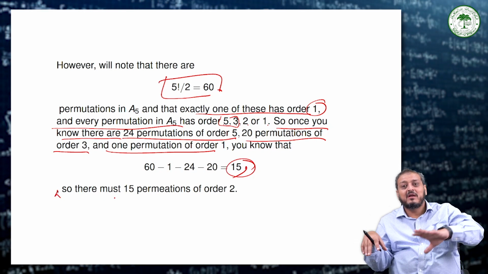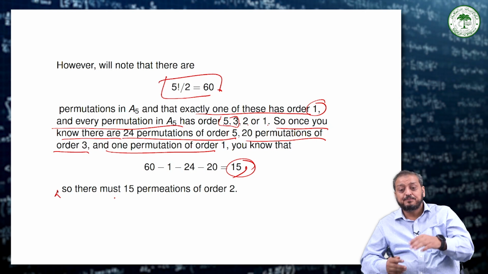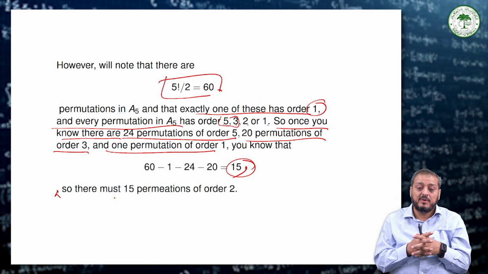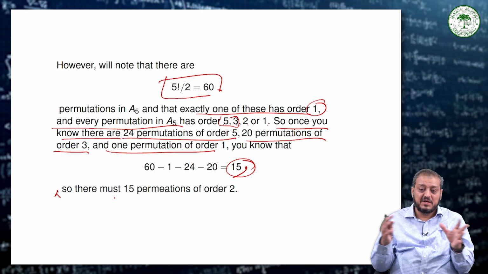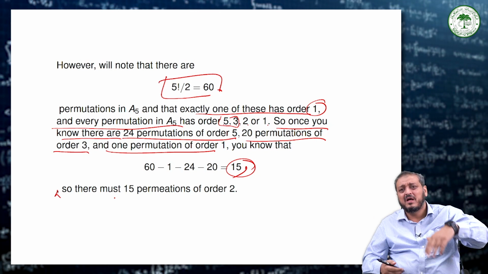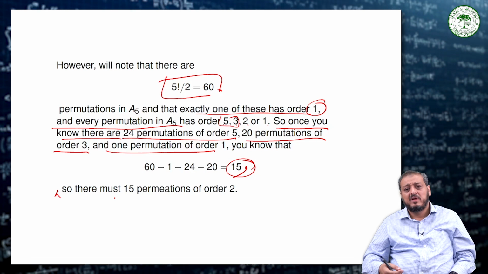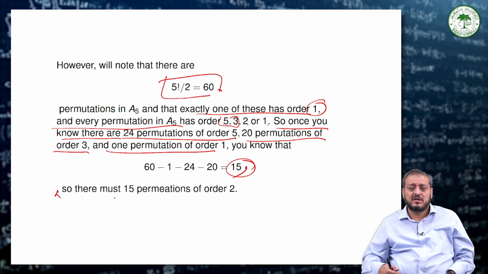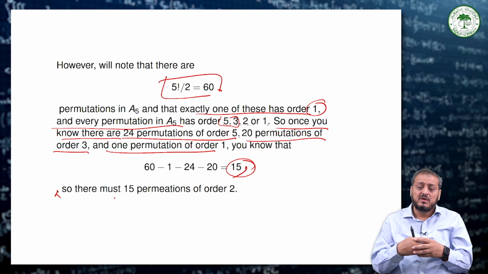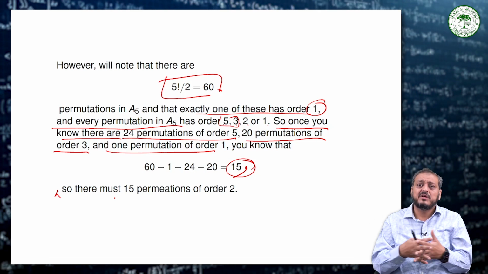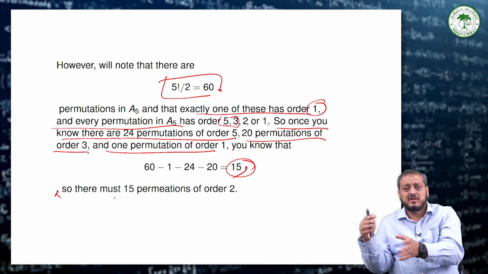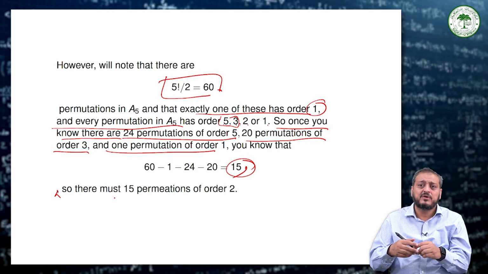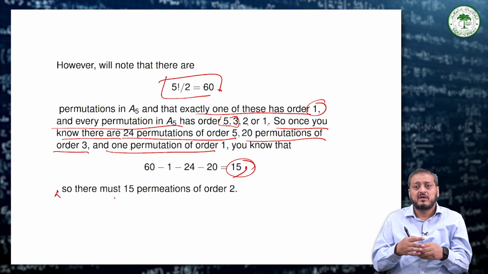This means we can easily calculate such problems, counting the number of elements of each order in the cyclic permutations of this alternating group.